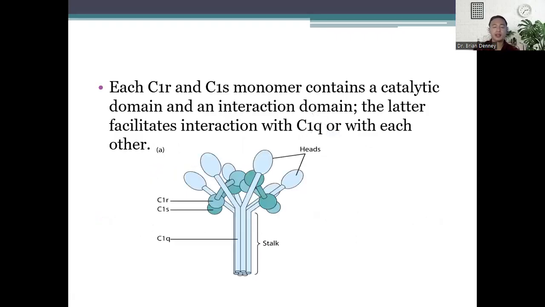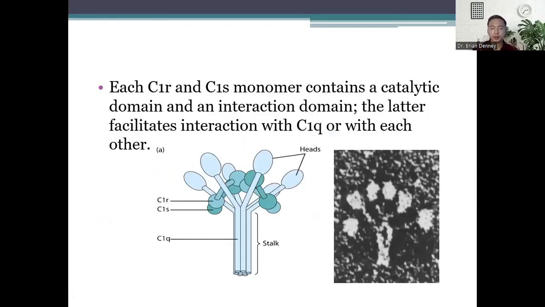What do you observe here? The C1q, the C1r, and C1s complexes are actually bound to each other. That's why we call it C1 complex, because they are bound to each other.